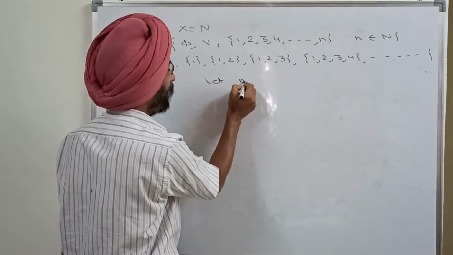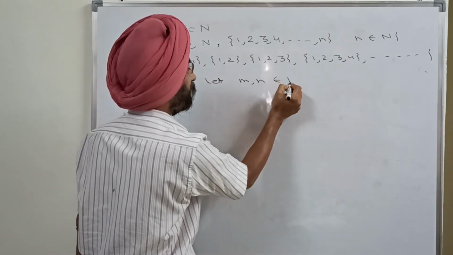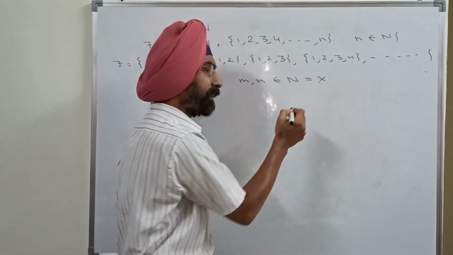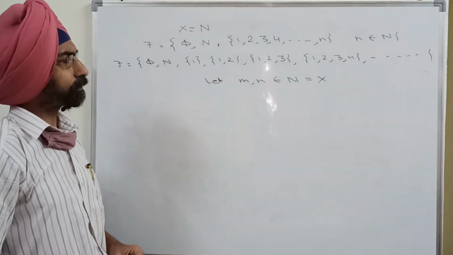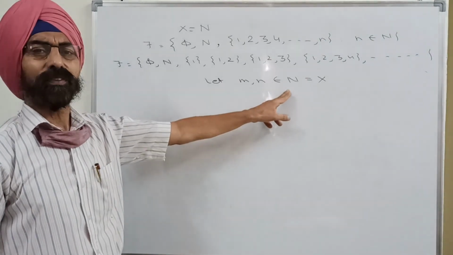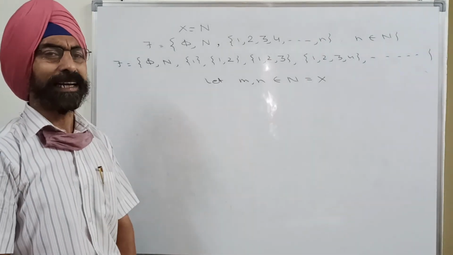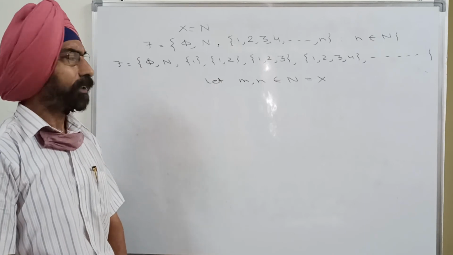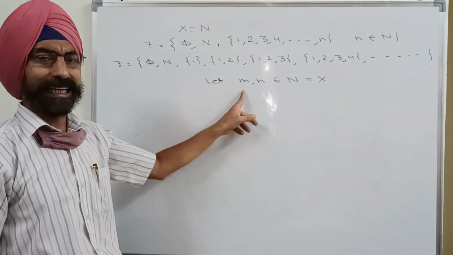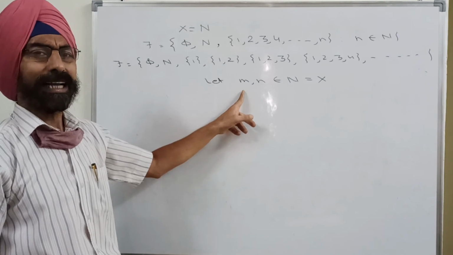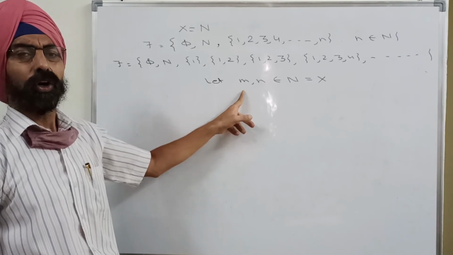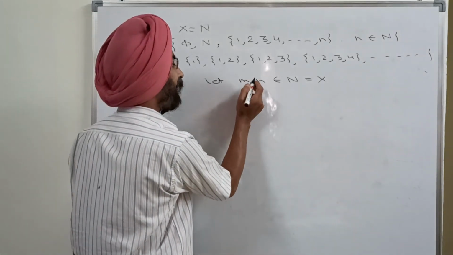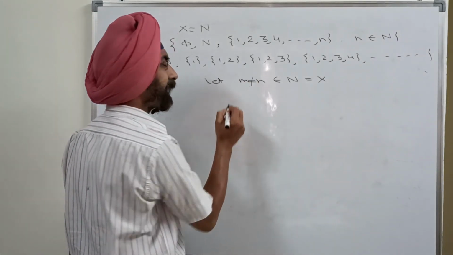Let m, n be two natural numbers, or you can say the members of X. Since the set of natural numbers N follows the trichotomy law, either m is less than n, or m is equal to n, or m is greater than n, but we have taken m and n as two distinct elements.